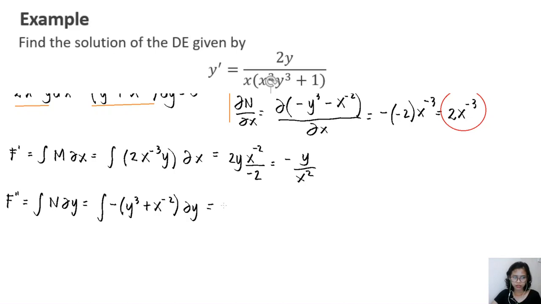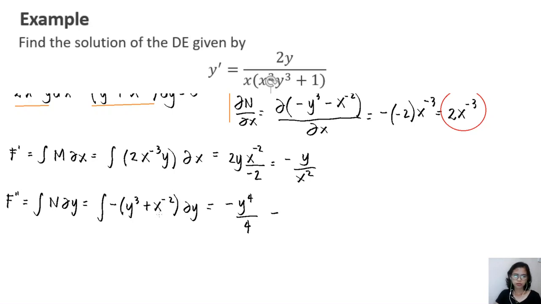So this is negative y to the 4th over 4, power rule, plus or minus, distributing that, that would be minus, what would be the integral of x to the negative 2 with respect to y?